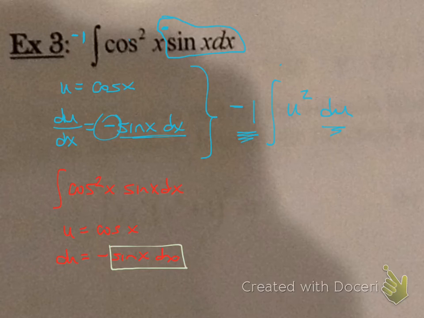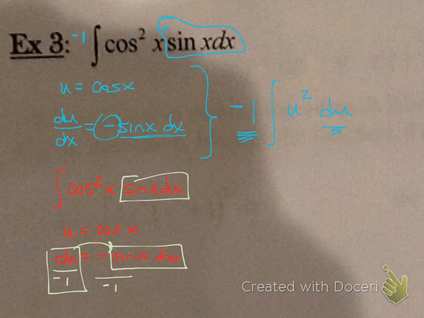Here's sine x dx. If I were to quote-unquote solve for that, you would divide both sides by negative 1, right? And so this truly is the substitution you're making in place of sine x dx, right? So this is being replaced by negative 1 du.